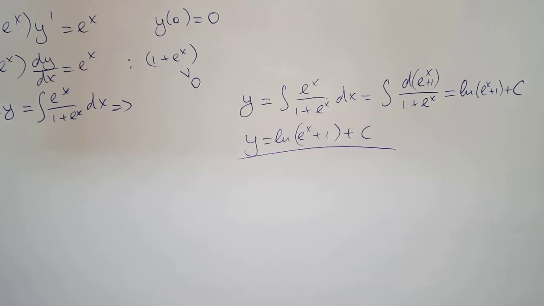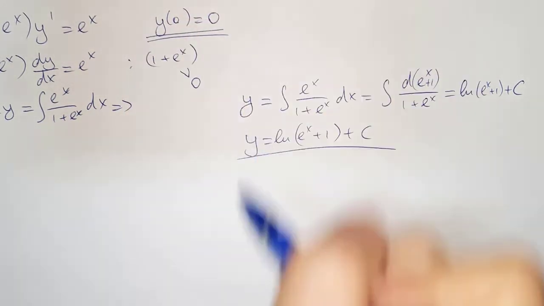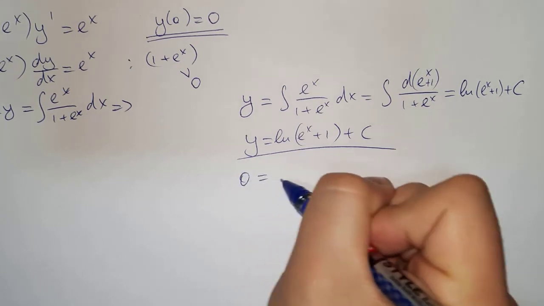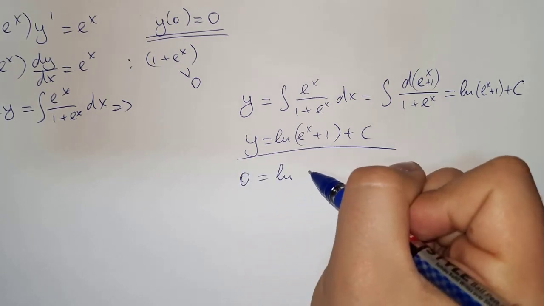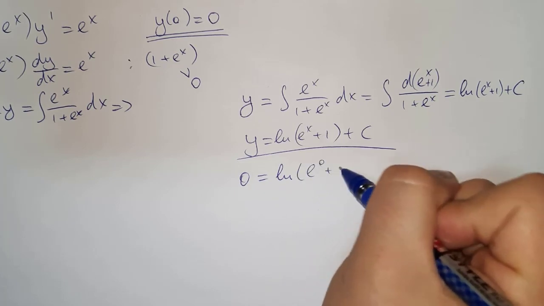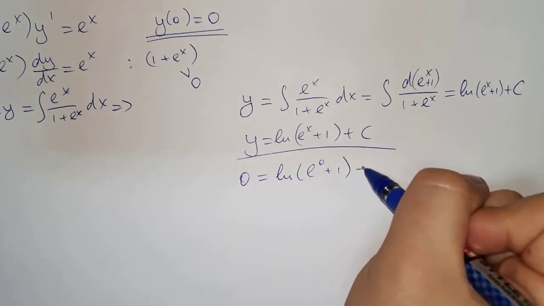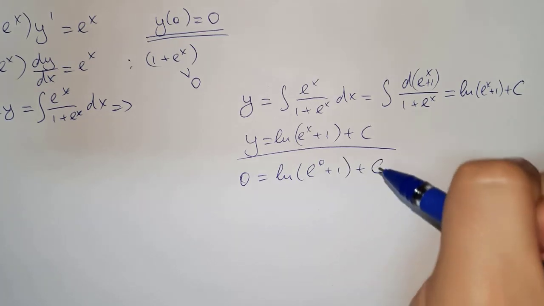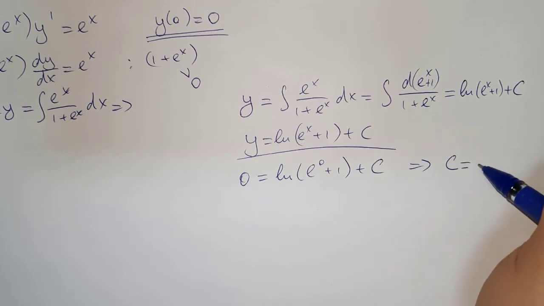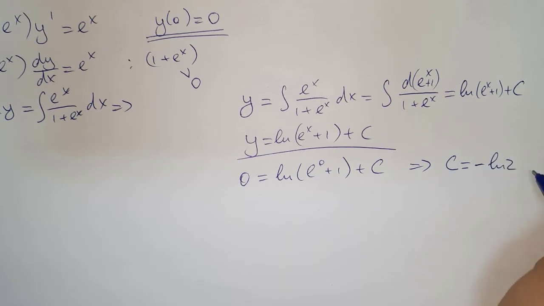Now determine the constant c from the initial condition. We have y(0) is 0. Let's put it in, and we get 0 equals natural logarithm of e to the power of 0 plus 1 plus constant, so this is natural logarithm of 2 plus c. Hence c is minus natural logarithm of 2.